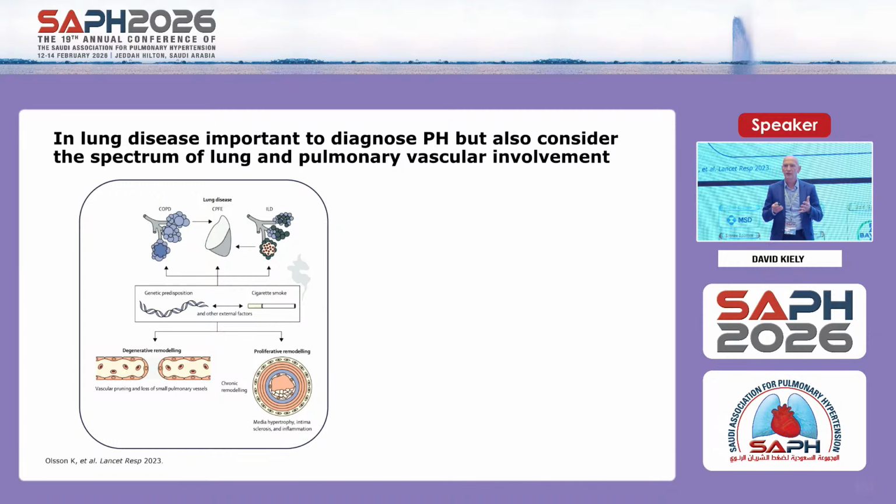So when we look at patients with lung disease, we need to make the diagnosis, we need to consider what the form of underlying lung disease is, but we need to spend a little bit of time thinking about what form of pulmonary vascular involvement patients have who've got underlying lung disease. And in this nice review here, I was involved with Karen Olson.